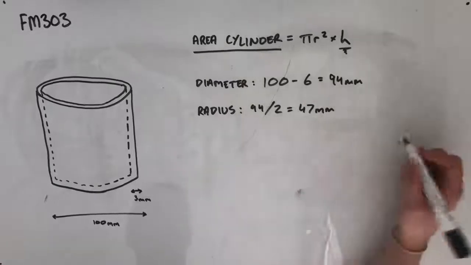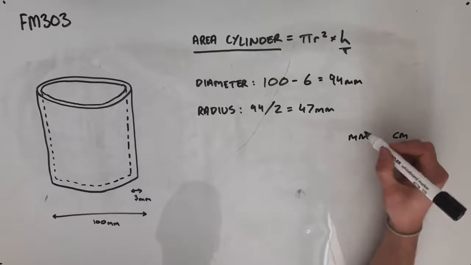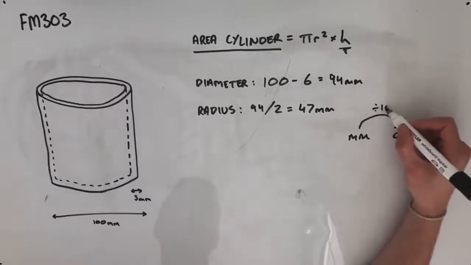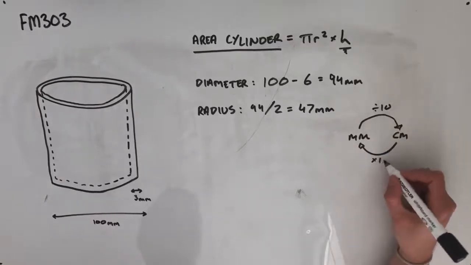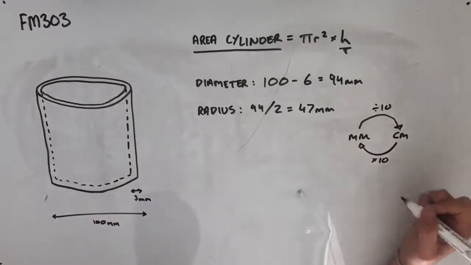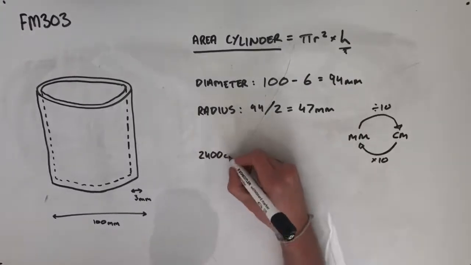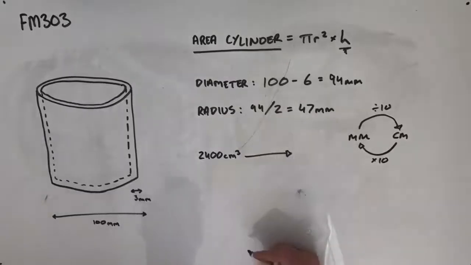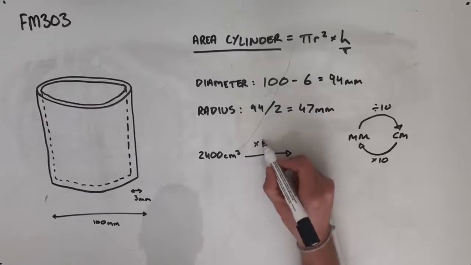Normally we have something like this. The conversion between millimeters and centimeters: if we want to go from millimeters to centimeters, we divide by 10, and if we want to go from centimeters to millimeters, we multiply by 10. Seeing as we started out with 2,400 centimeters cubed, the conversion that takes us to millimeters is that times 10 from centimeters to millimeters.